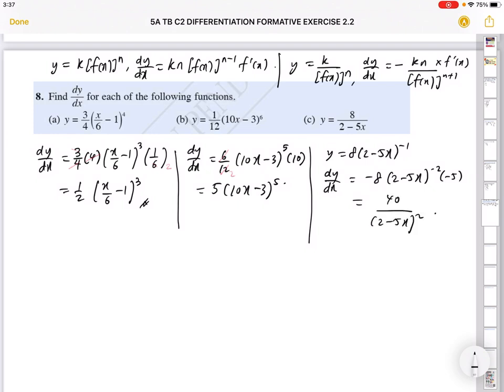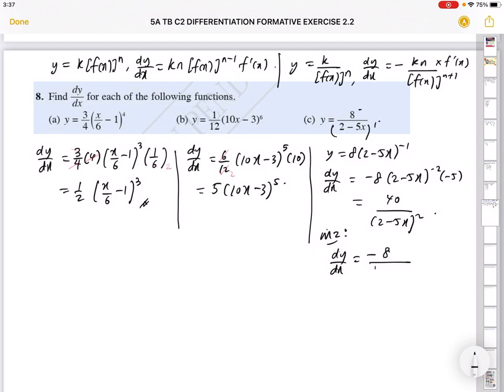I know some people say slow and steady wins the race. That is BS, I would say. Let me show you the fast way, method 2. Fast and furious wins the race. You put a negative in front, 8 times 1 is just 8.